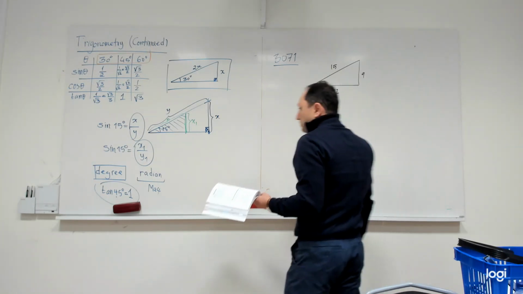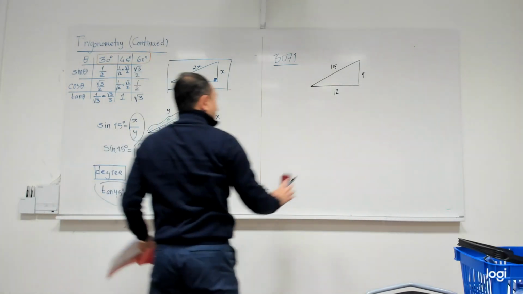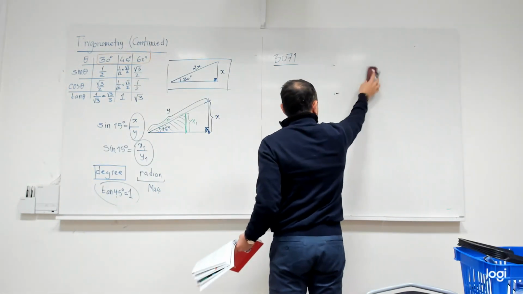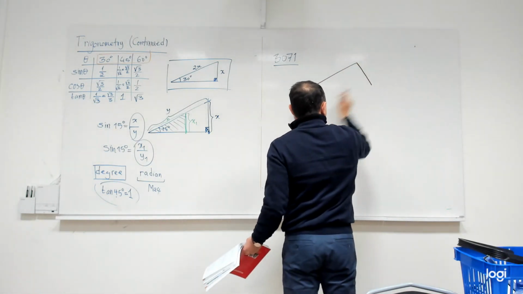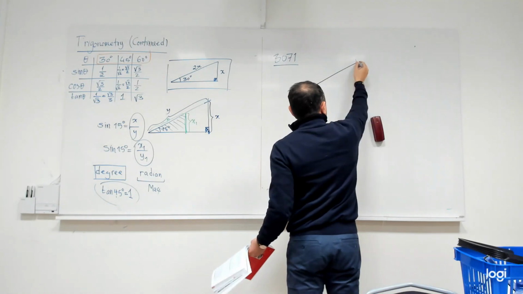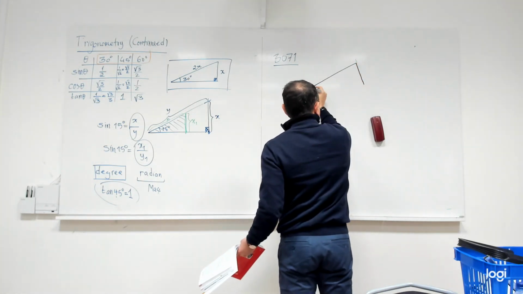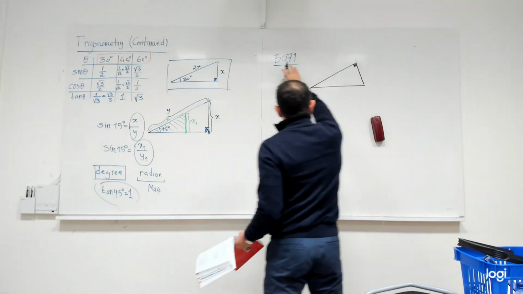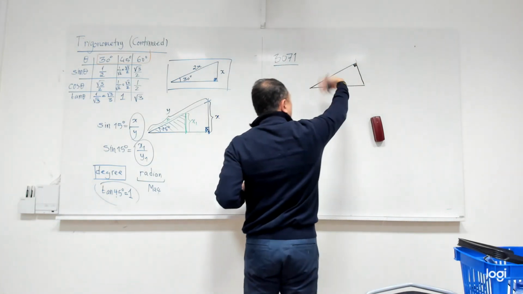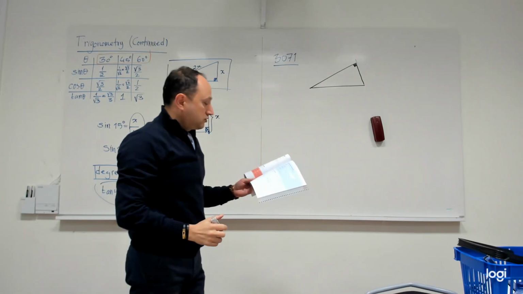Okay, so let me change the problem a little bit at least, yes? I will give you the same numbers, but if you don't mind, let me draw the triangle upside down. I want you to expand your visualization, yes? So this time I will take this 90. That is essentially the same problem. I changed the way that I draw the figure.